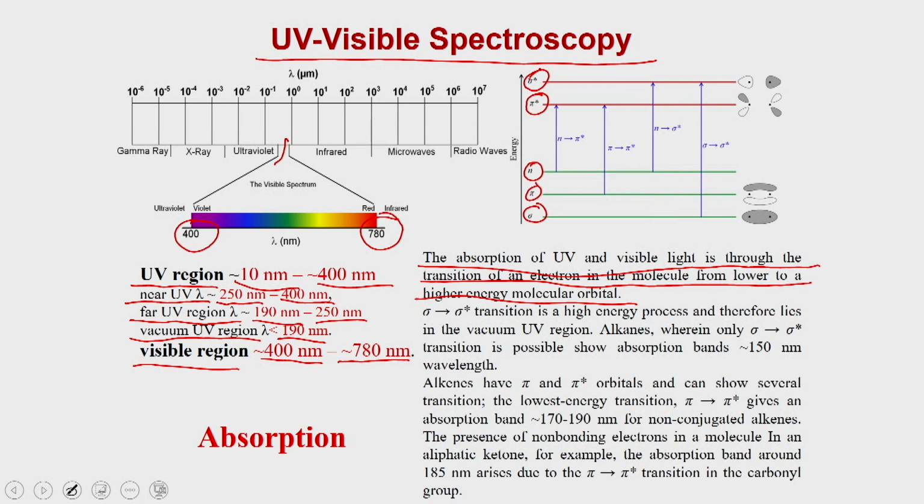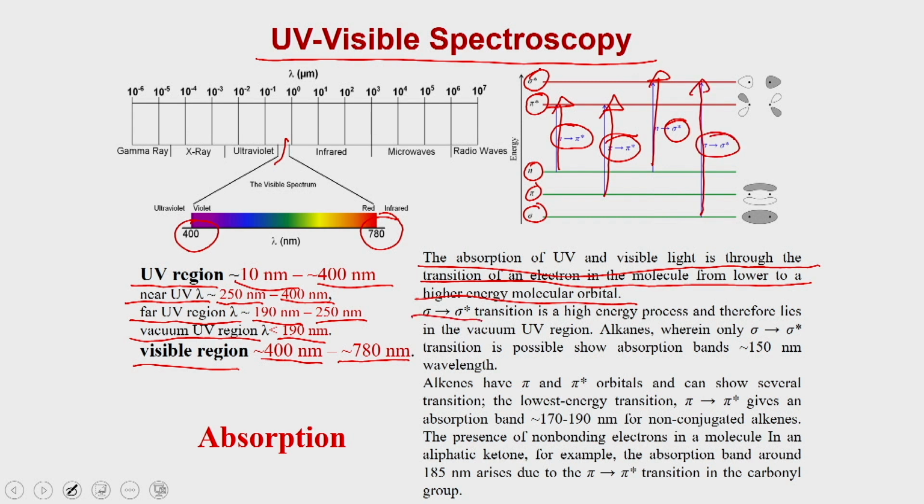If the electron goes from n to pi star, it will have a certain amount of energy. If it goes from pi to pi star, it is going to have a different energy, and if it goes from n to sigma star, it is going to have another energy, or if it goes from sigma to sigma star, it is going to have a different type of energy.